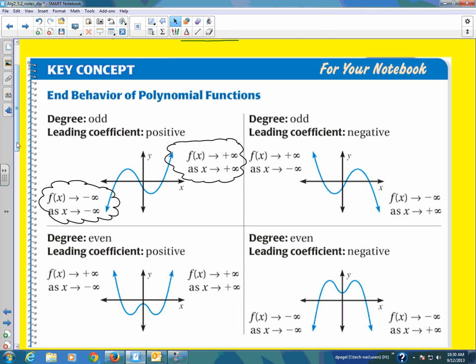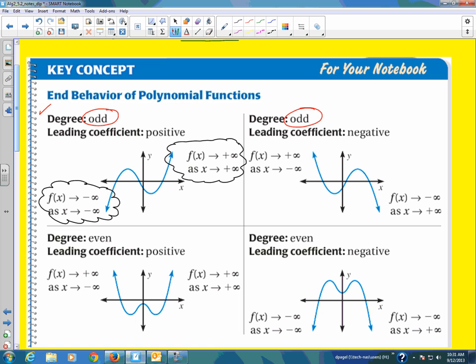What if the degree of the polynomial is odd? All right, so these two model the odd degrees. Notice where they start and stop, the ends of the graphs. They either start on the lower left and end on the upper right, as is the case for the left-hand option, this one.